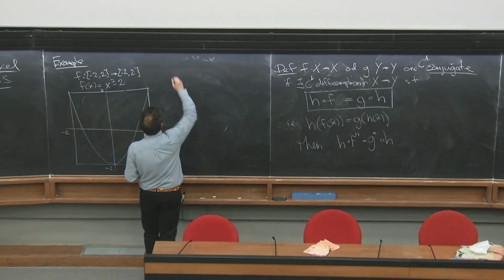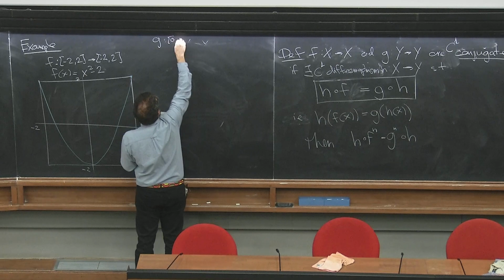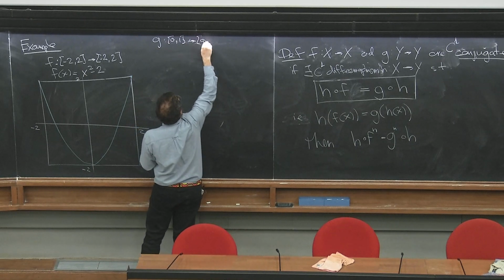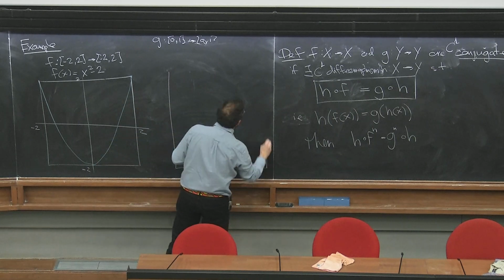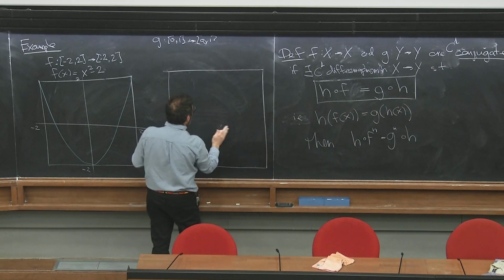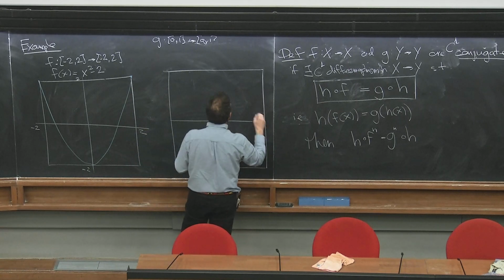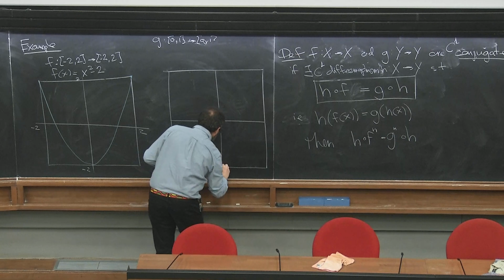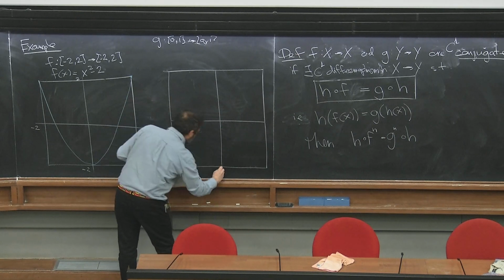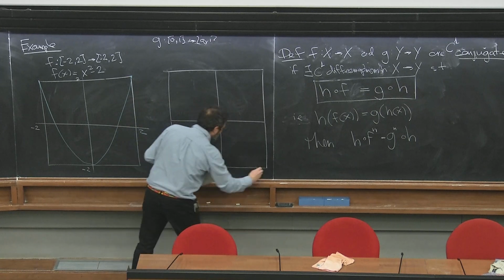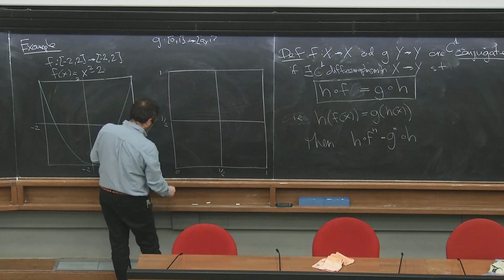And then I'm going to define a map G from [0, 1] to [0, 1]. It's easier to actually draw the picture, but I will also write down the formula. So this is 1/2, 0, 1, 1/2, 1.